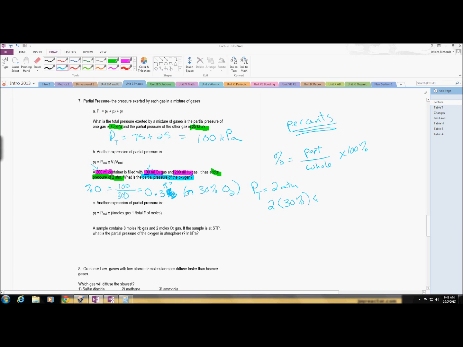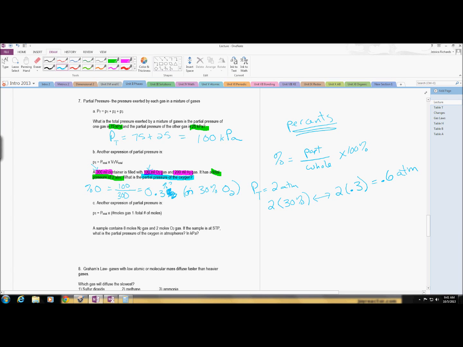I always prefer to leave it as a decimal, so I'm multiplying by 0.3. 2 times 0.3 is 0.6, and the units are ATMs, because that was the unit on the 2. And that's it. We're just doing percents.